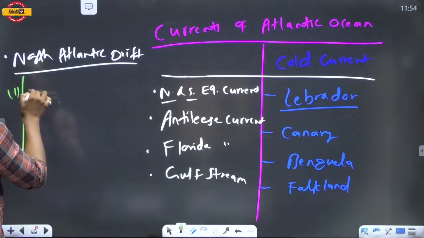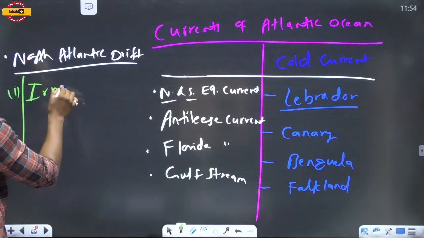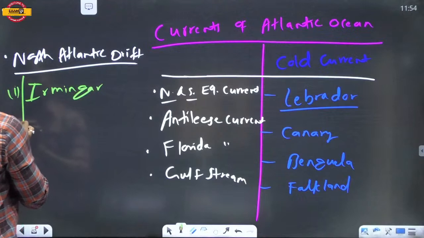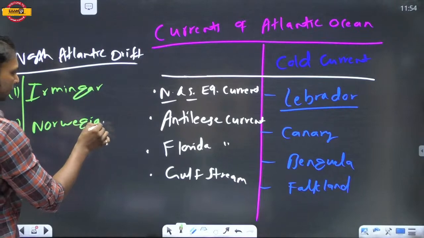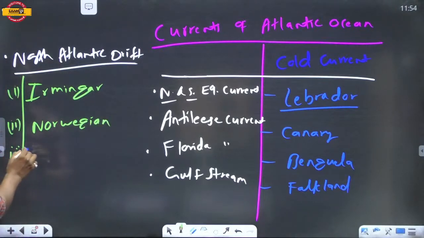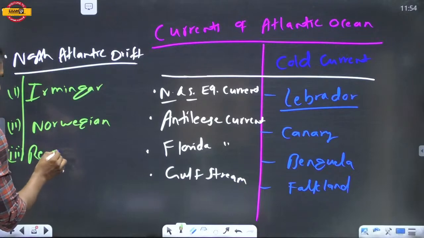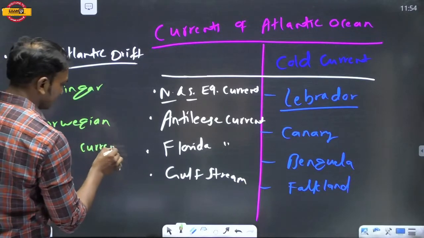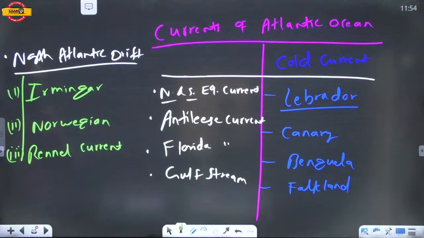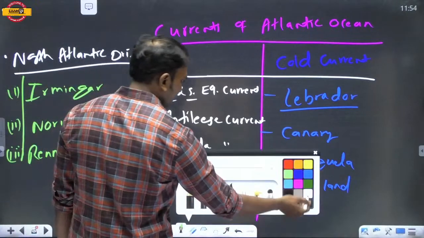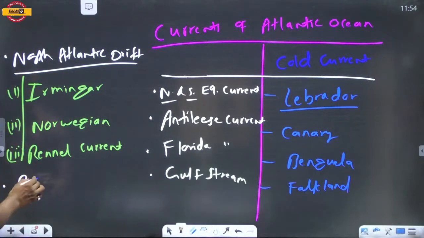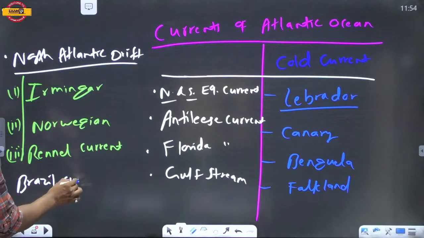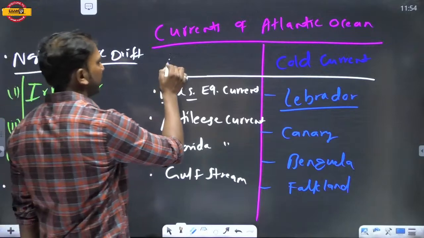The first one is the Irminger current. Second one is the Norwegian current. And the third one is the Rennell current. And the last current found in the Atlantic Ocean is the Brazil current. So these are the warm and the cold currents found in the Atlantic Ocean.